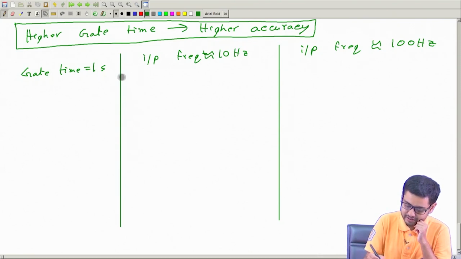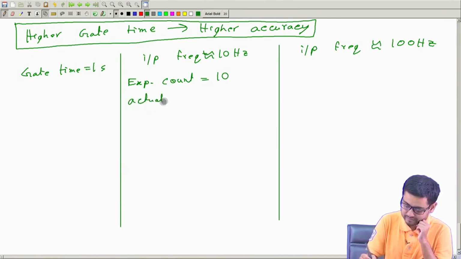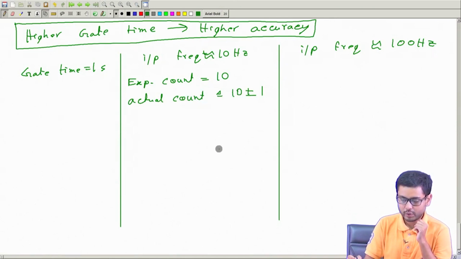So, here in this case we should have an expected count within 1 second, how much? 10, but true count, actual count will be 10 plus minus 1. Okay.